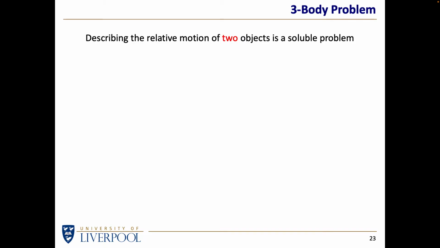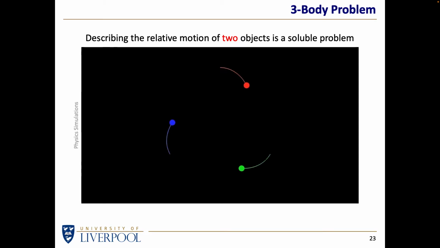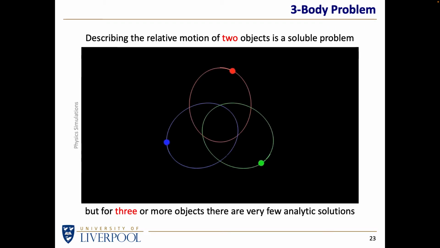Now, the relative motion of two objects is absolutely calculable. But unfortunately, physicists have to admit that when it comes to three objects, we can work out how they move by doing simulations, but there are no analytic solutions for how three bodies move. For instance, if we take three objects, at first it looks like they're just doing nice ellipses, just like a two-body problem.